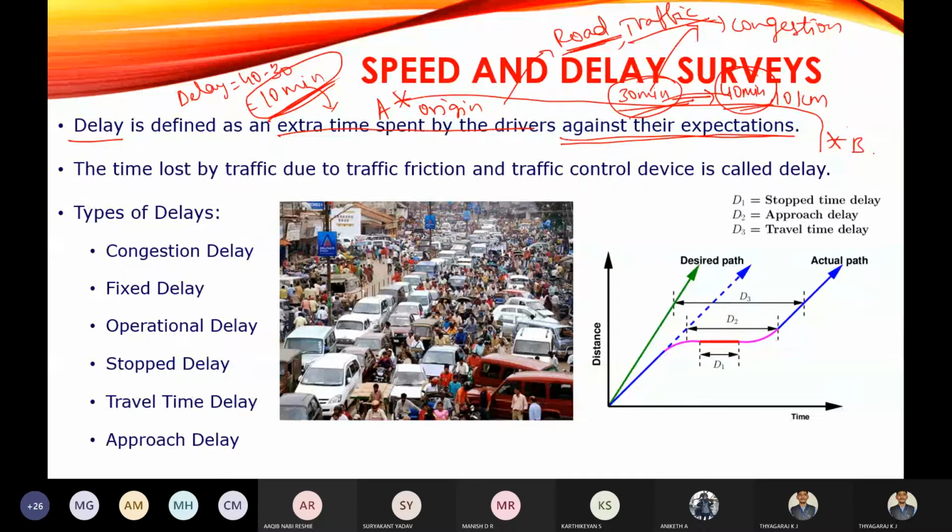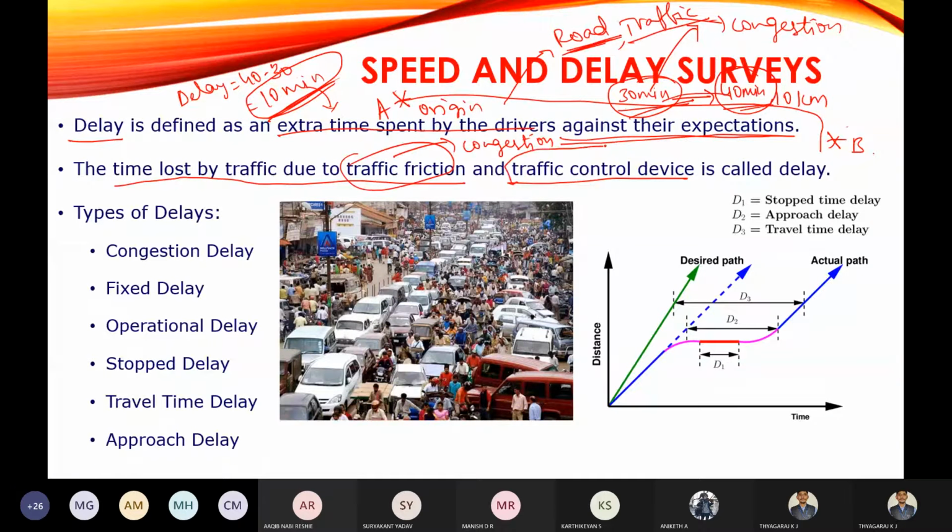So it is the extra time you are going to spend while traveling from one place to another. Then, the time lost by traffic due to traffic friction or traffic control devices. Sometimes we can expect this because of traffic congestion. Traffic friction means congestion because of jamming conditions.